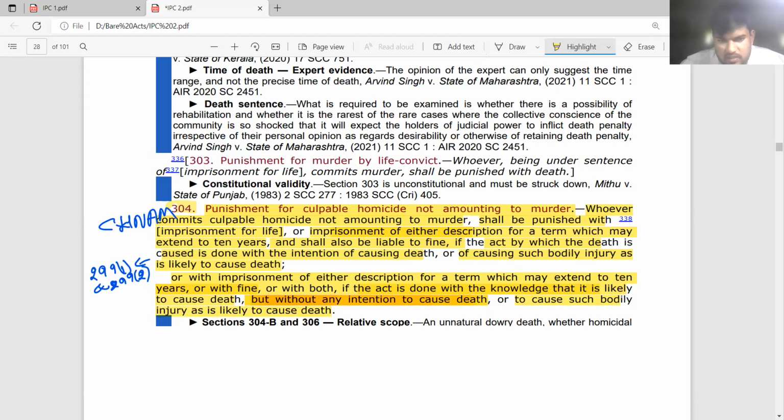So they have mentioned basically section 299, 2 and 3 here once again. Okay. So here they talked about 299 3, that is knowledge that such act is likely to cause death. Okay.